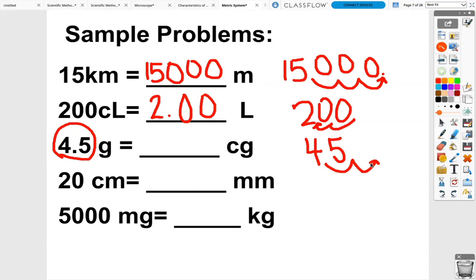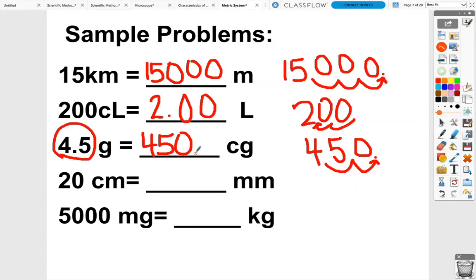This becomes the new location for my decimal. What do I need to do here in that empty space? I'm going to put a 0. So my new answer is 450. Now, I can put a decimal after that 0, but you don't have to. It's understood to be there. So I can put a decimal there, or I can just leave it as it's written.